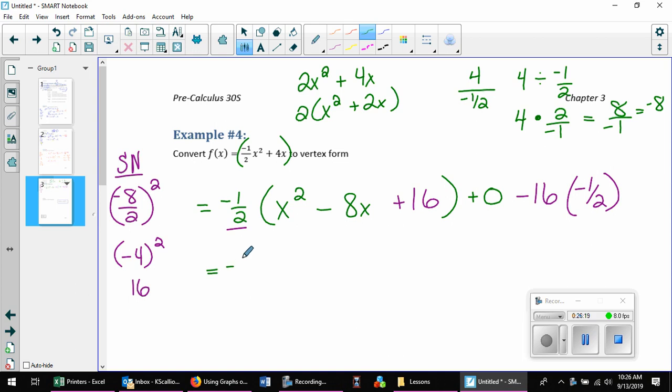And so we are at -1/2. X, now if I were to factor this, x minus 4 squared, don't forget the squared, because if you lose the squared, then we're in a linear situation, and then we're back to 10, and we've already done that. And this would be a +8.